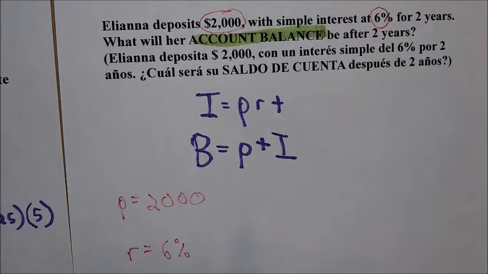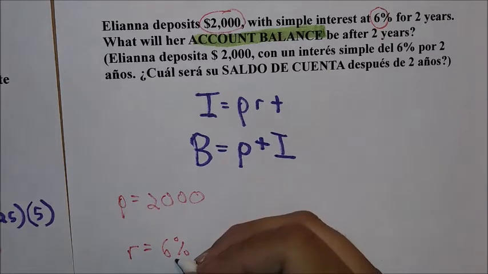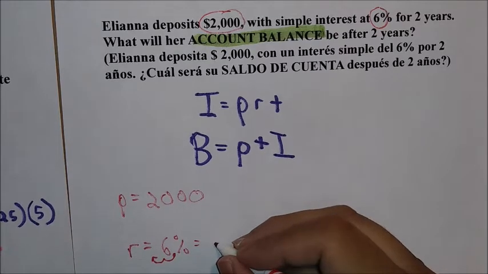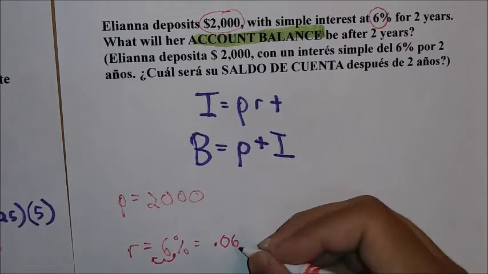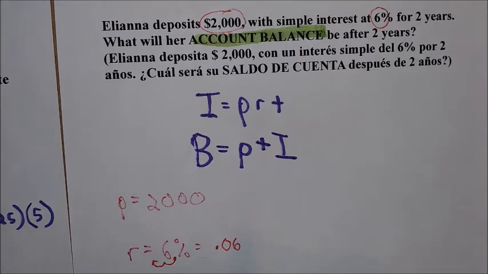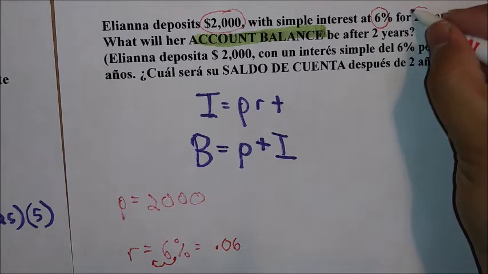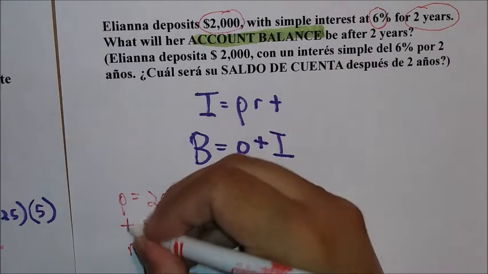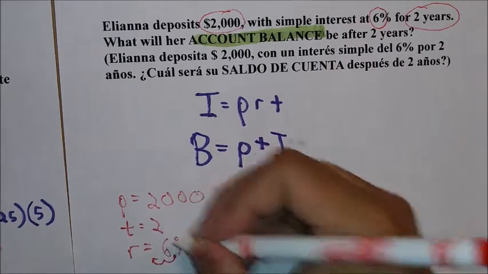And remember, we have to convert that to a decimal. Hop, hop. So it's going to be 0.06. And she's going to leave that money in her bank account for 2 years. So time is 2.